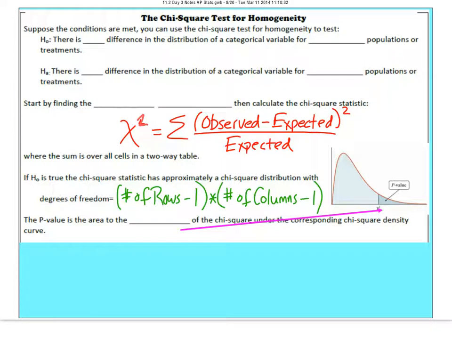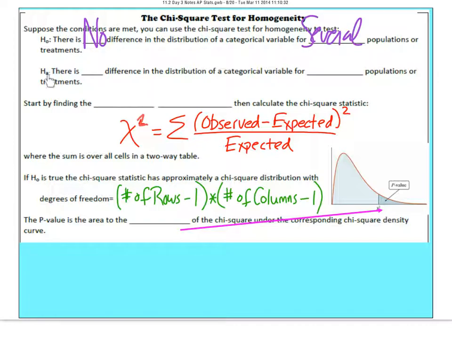So let's talk about the key things to think about for chi-square tests of homogeneity, which is our second type of chi-square test. So suppose the conditions are met, how do you state the actual hypothesis? For this type of test, what you would say is there is no difference in the distribution of the categorical variable for several populations or treatments, depending on exactly what you're looking at.